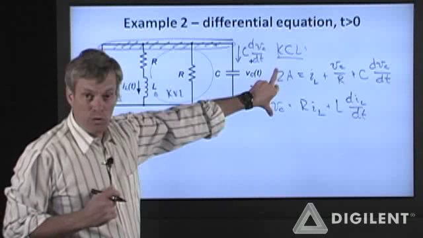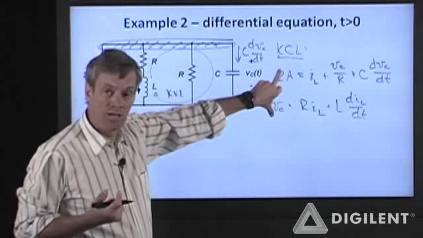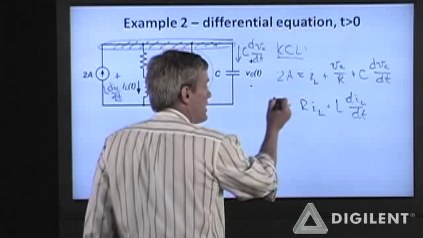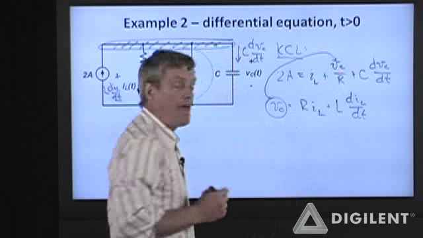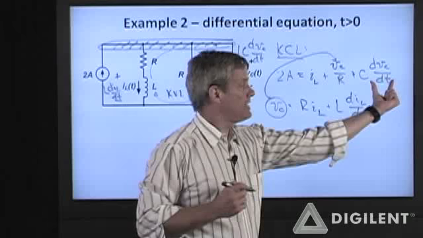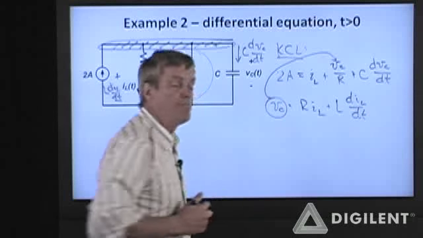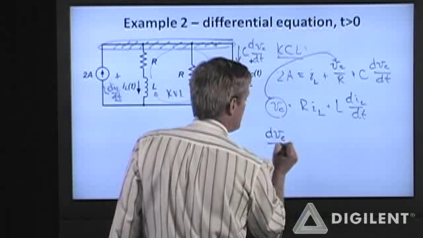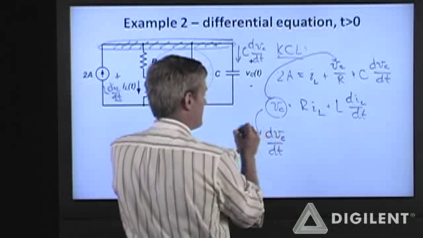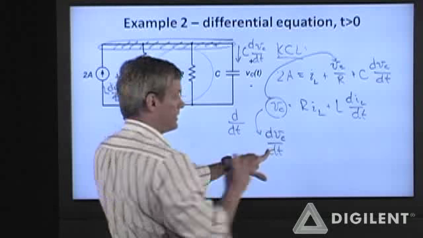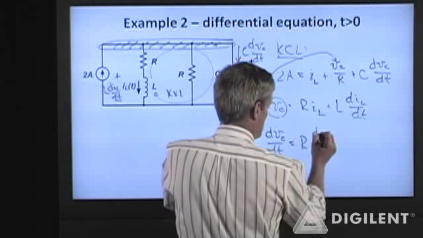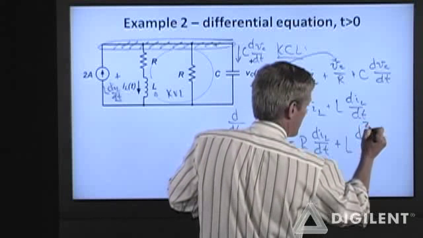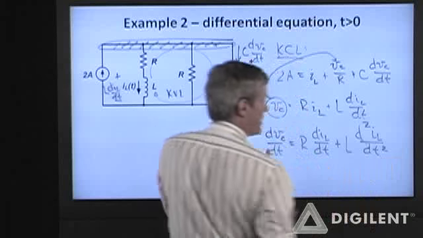Now, two equations, two unknowns, I can combine them to eliminate the unknown that I don't want, which is V sub c. If I plug this in there and dVc by dt in here, that will give me an equation in I sub L. So V sub c is equal to this. dVc by dt is just the derivative of this. That is equal to R times dIL by dt plus L times d squared IL by dt squared.